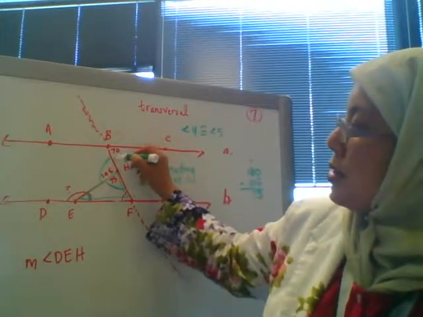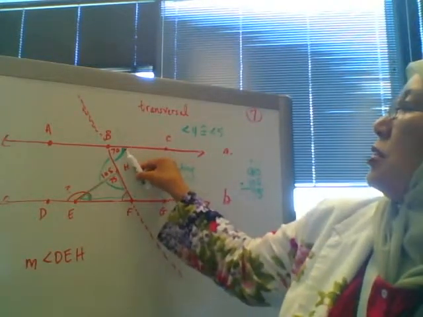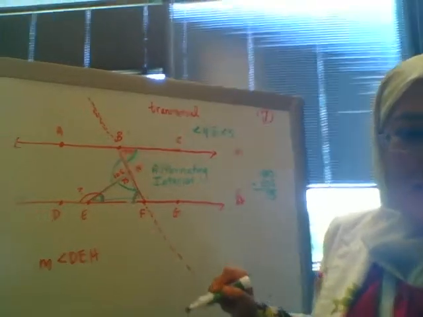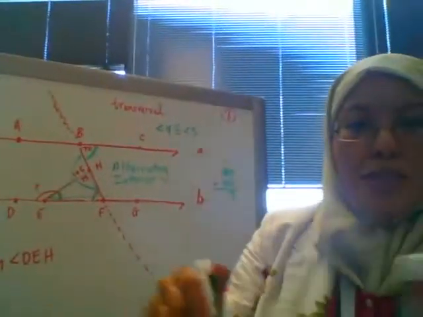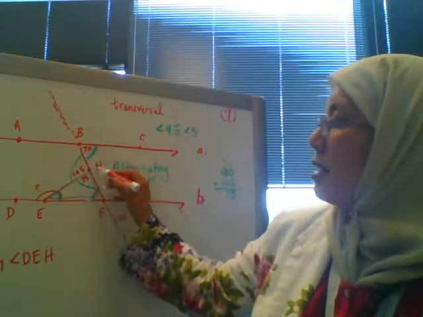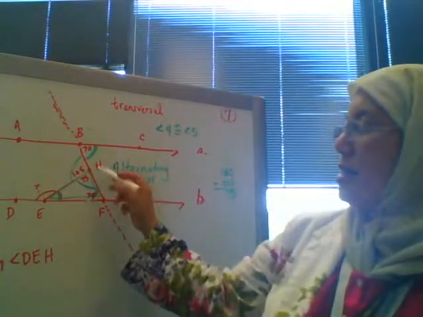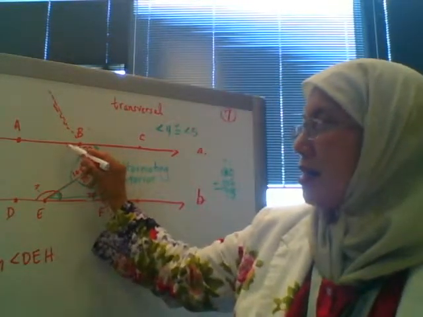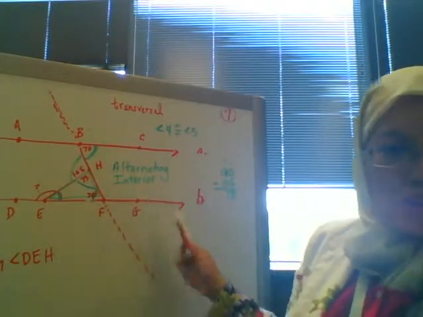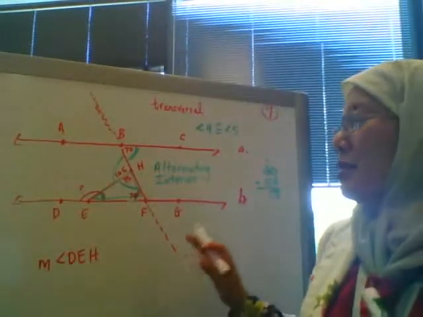This one is equal to whatever's alternating on this line, which is here, and that's one of our missing pieces. So if this is 70, then this must be 70. And just to extend it, if this is 70, this is 110, so this must be 110. But we don't need to know that; that's just extra information.